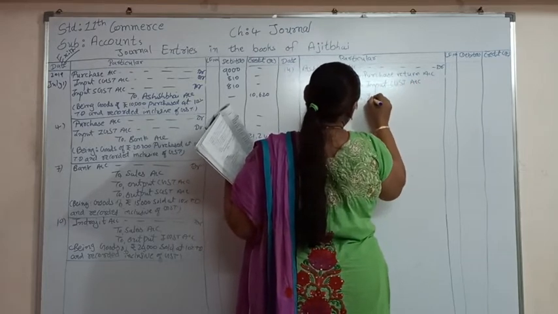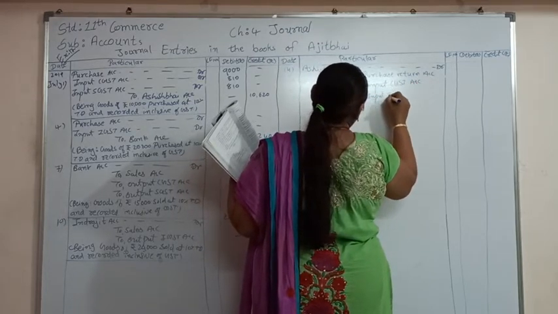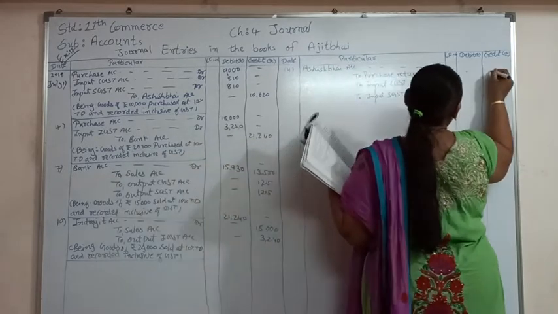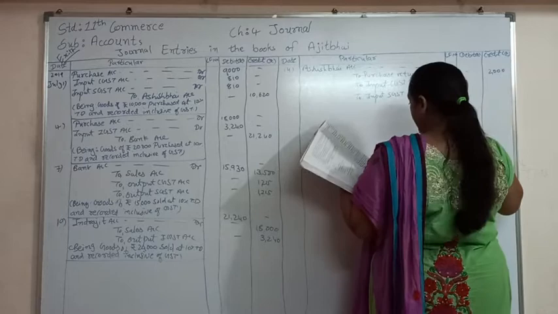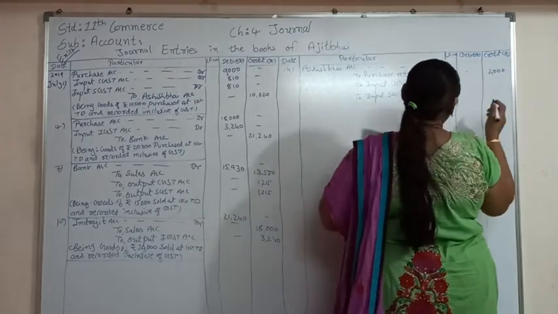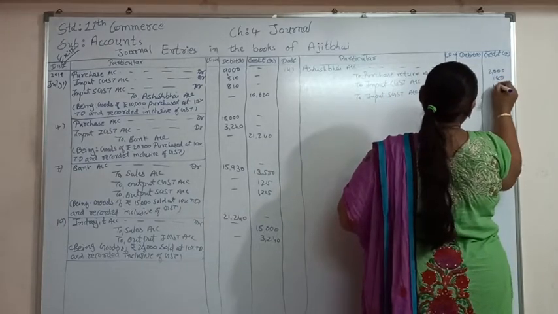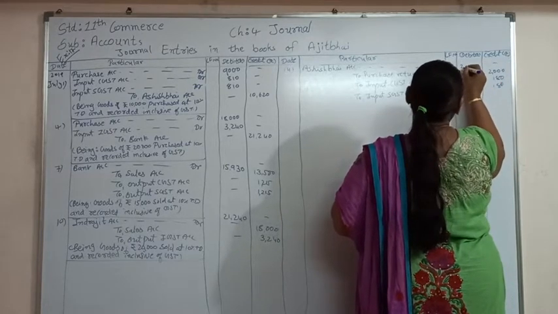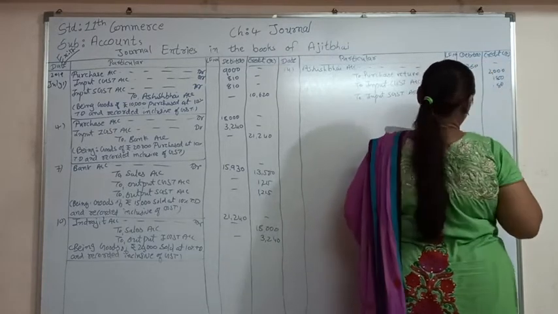Here the goods are of rupees 2,000, and 9% of 2,000 will be 180 rupees, and the total of this will be 2,360.